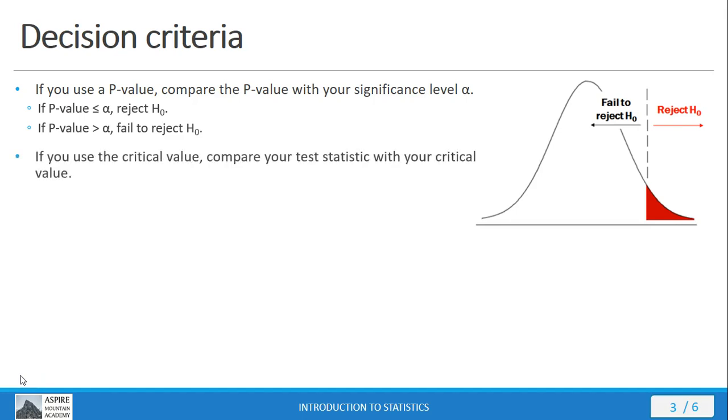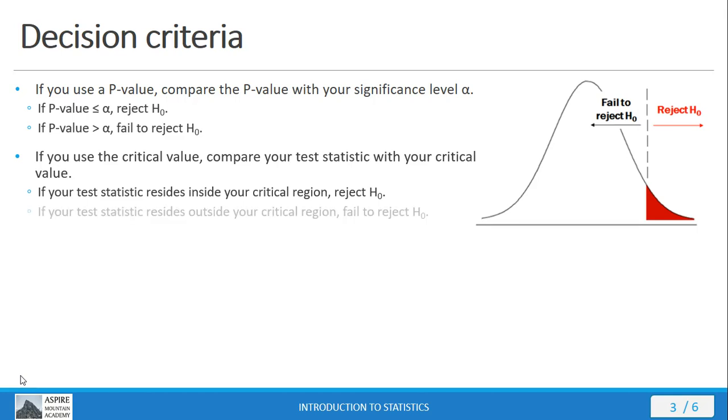If instead we use the test statistic and the critical value for our hypothesis test, then if the test statistic is inside the critical region, we're going to reject the null hypothesis. And if the test statistic is outside the critical region, then we're going to fail to reject the null hypothesis.